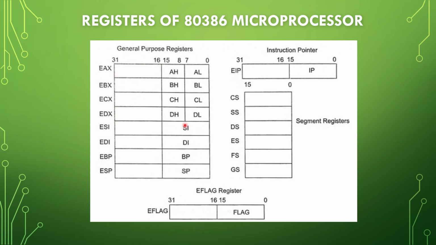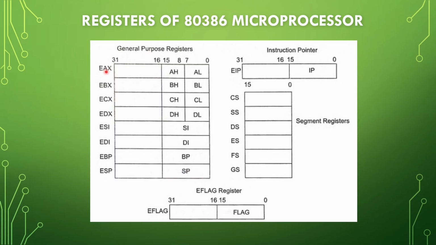How did you understand it is a 16-bit register? It starts from 0 to 15, right? Here it is 0 and here it is 15. That means it is a 16-bit register. And BP is the base pointer, which is also a 16-bit register. Then SP is the stack pointer, which is also a 16-bit register.